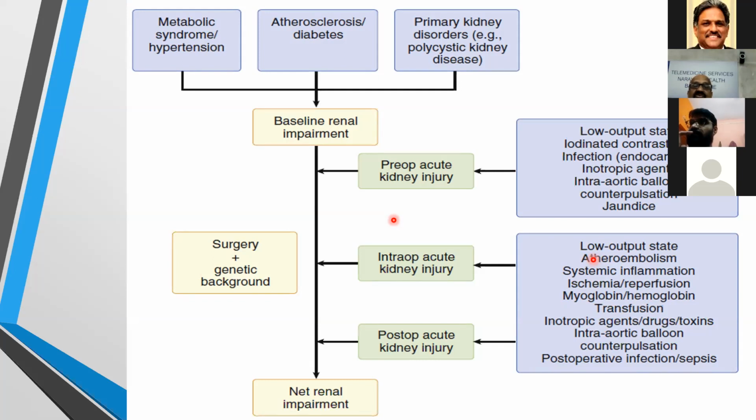And there is acute dysfunction of the kidney. As I said, kidney dysfunction may not be realized till 50% of the function is lost. So it is vital to look at parameters like biomarkers, which can tell us early in the disease process.